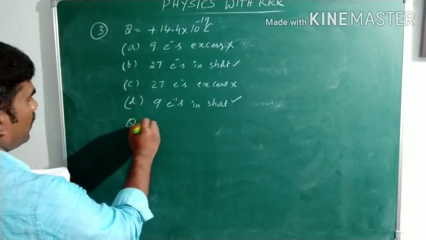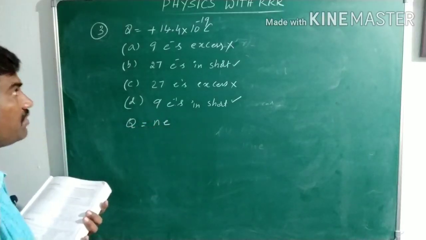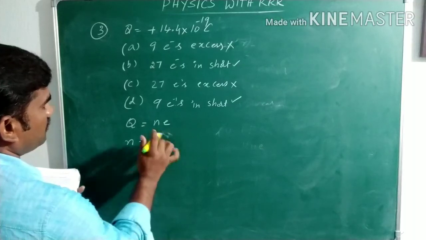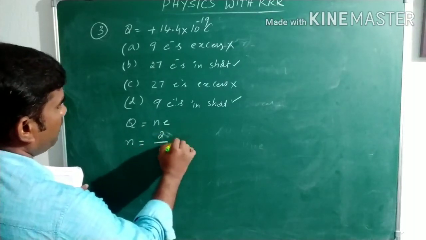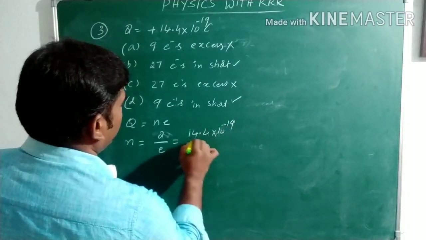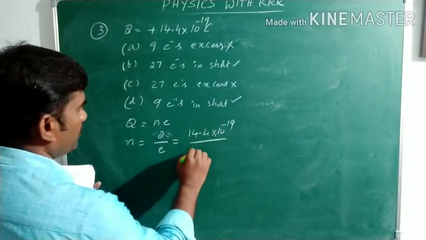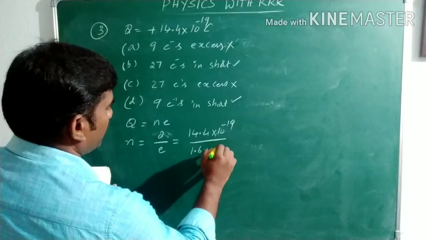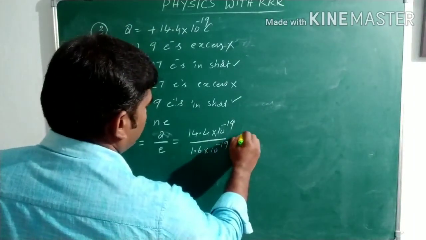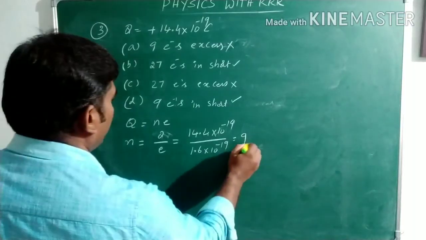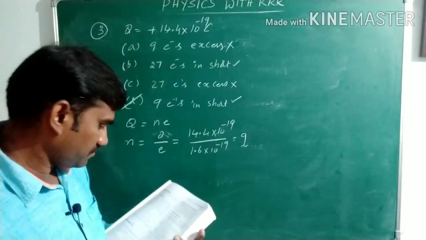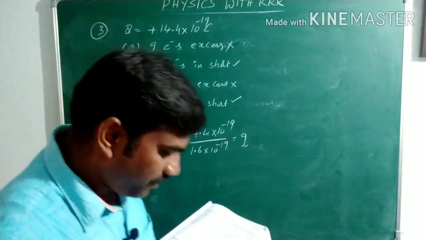Again, quantization condition: Q is equal to Ne, so N is equal to Q by e. Q is 14.4 into 10 power of minus 19, by e, 1.6 into 10 power of minus 19. This gives 9. So 9 electrons in short. So option D. Okay, right.